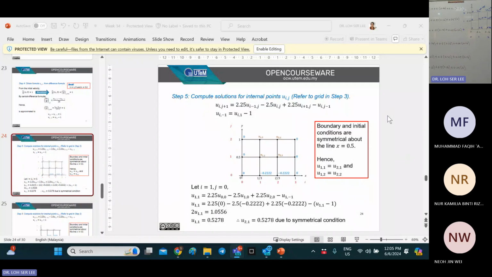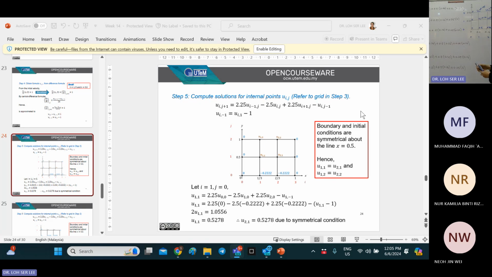If you look at the screen, this initial condition, initial value, and boundary values, they are symmetrical, right? They are symmetrical about the line x equal to 0.5.